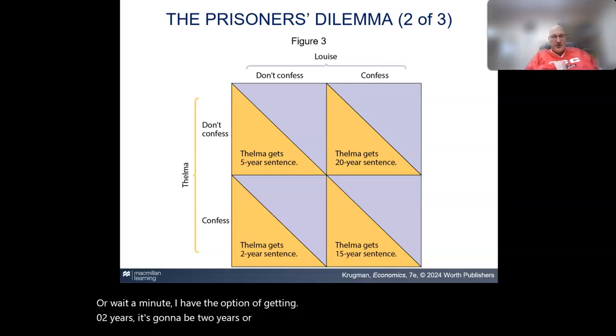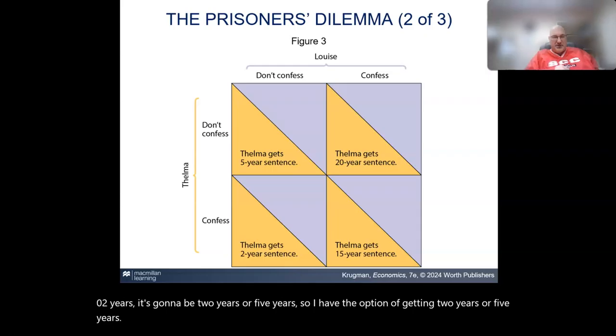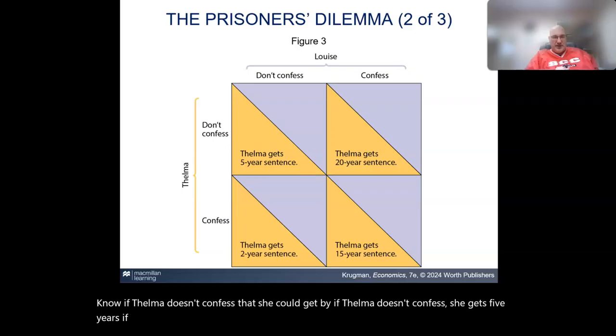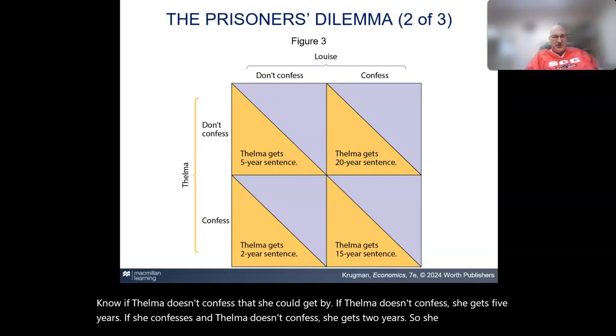So I have the option of getting 2 years or 5 years, and so I'd take 2 years. So I would confess. On the other side, for Louise, if Thelma doesn't confess, she gets 5 years if she doesn't confess. If she confesses and Thelma doesn't confess, she gets 2 years. So she would confess and get 2 years.